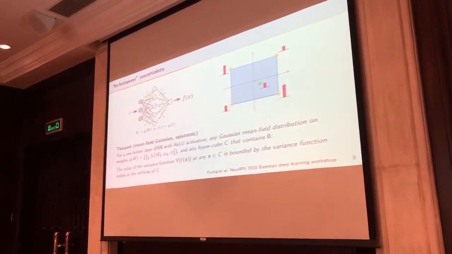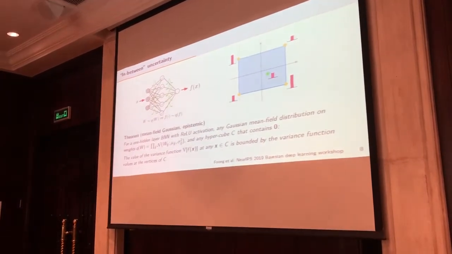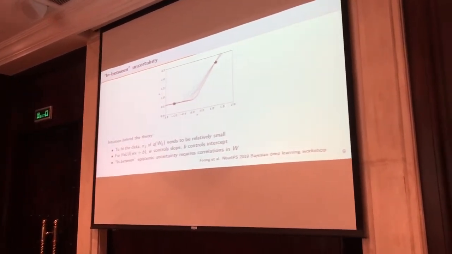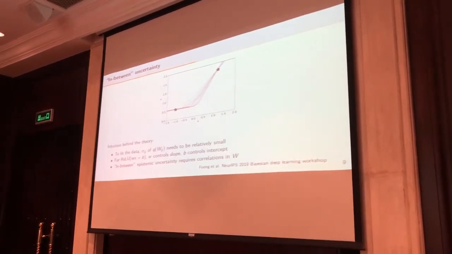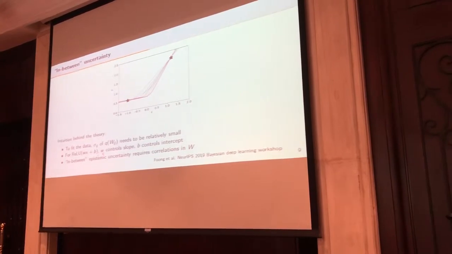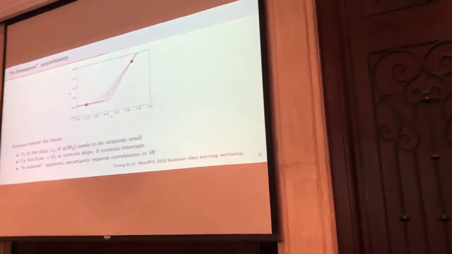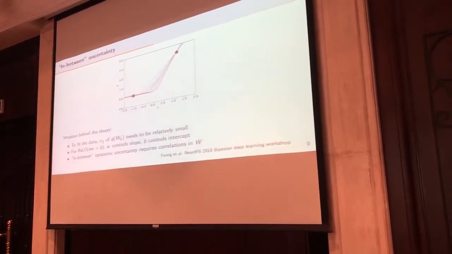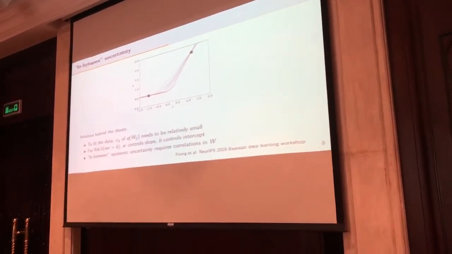So why does this happen? A very simple figure explains the intuition. If you think about radial activations, they are determined by some weights W that control the slope, and also the bias term that controls the intercept, right? Now, let's see how this fits to data.